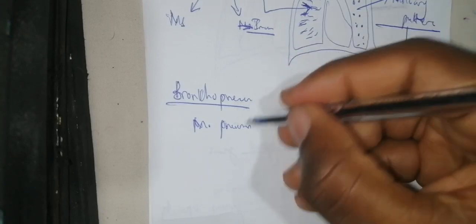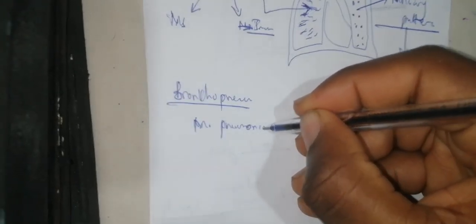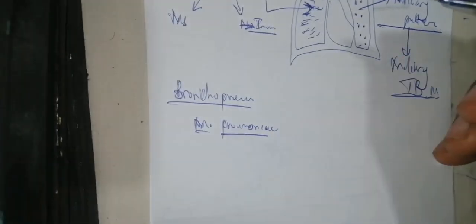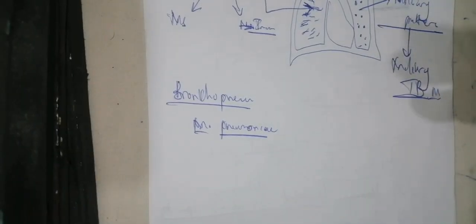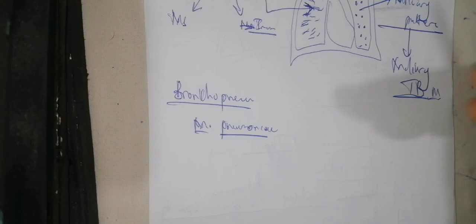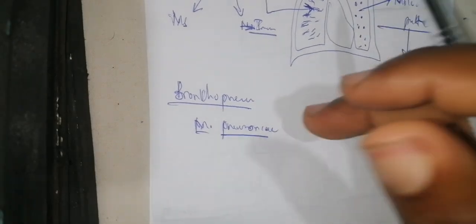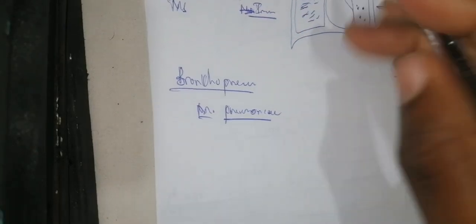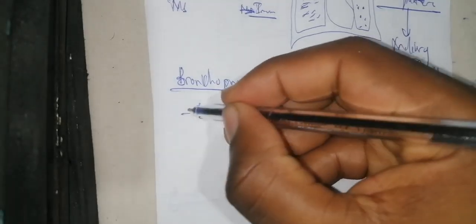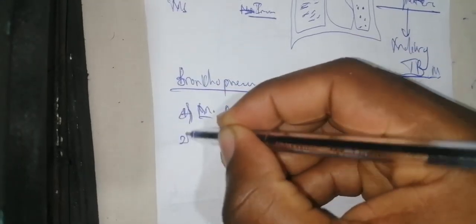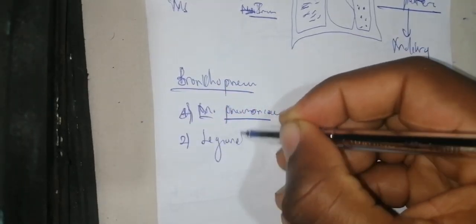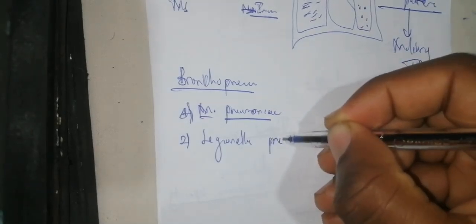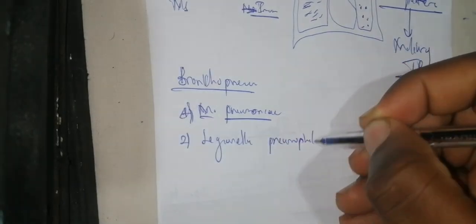So when you are seeing an air bronchogram without all those interstitial opacities, you think mostly of Mycoplasma pneumoniae. Other atypical germs which can also be associated with interstitial pneumonia or bronchopneumonia: after Mycoplasma pneumoniae, we have Legionella pneumophila.